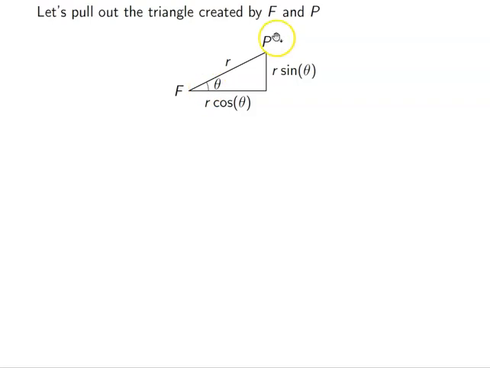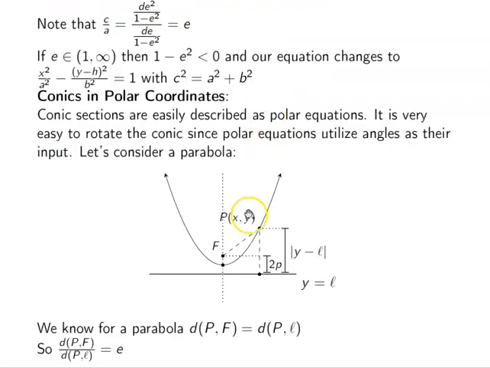So from the line from F to P, we'll call that a radius of r and an angle of theta, right? So we know that the x distance is r cosine theta and the up distance is r sine theta. We know that this distance here is 2p above L, right?